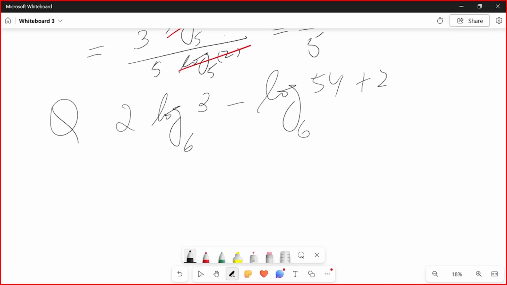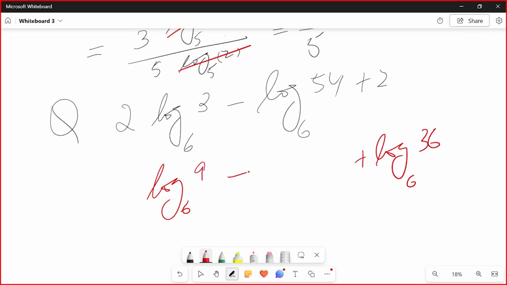The idea which I have been propagating is that we bring everything into the same log to the base. So 2 can be written as log of 36 to the base 6, because 6 raised to the power 2 is 36. So we can write log to the base 6 of 3 squared, which is 9, minus log of 54, plus log of 36.